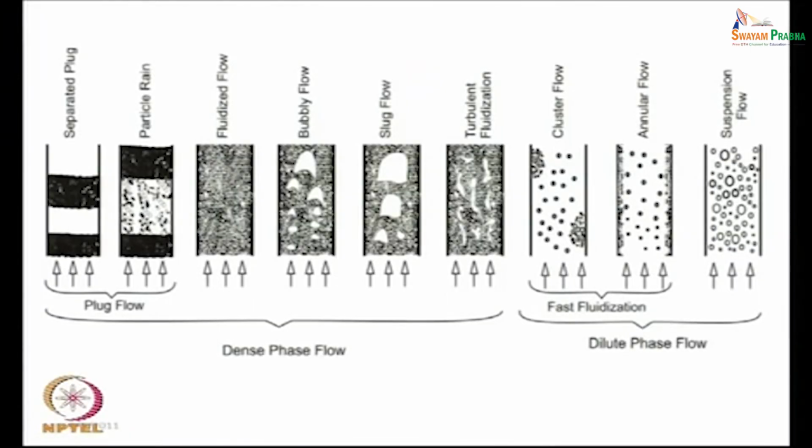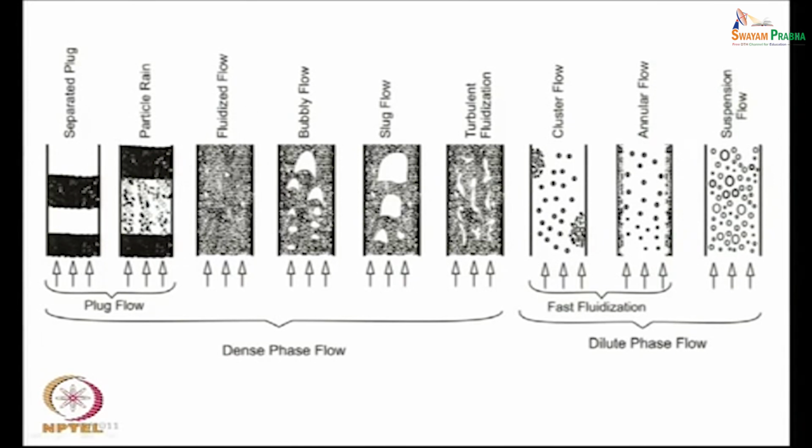The other thing is, when a wide particle size distribution is there, we find that the large particles are fluidized at the lower part of the column, and the fine powders are carried over by the dilute flow regime. These are quite evident things, and when we reduce the gas velocity, what happens? The suspension flow gets halted, and when the suspension flow gets halted, some particle clusters might appear, and the flow regime which occurs after the appearance of particle clusters is known as the fluidized flow.